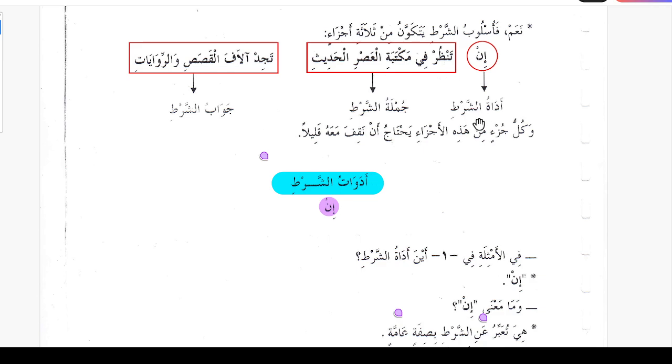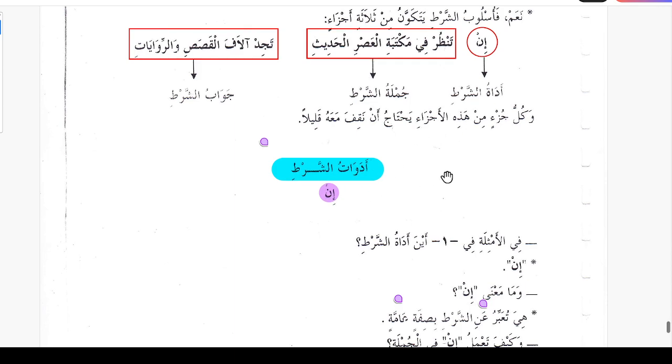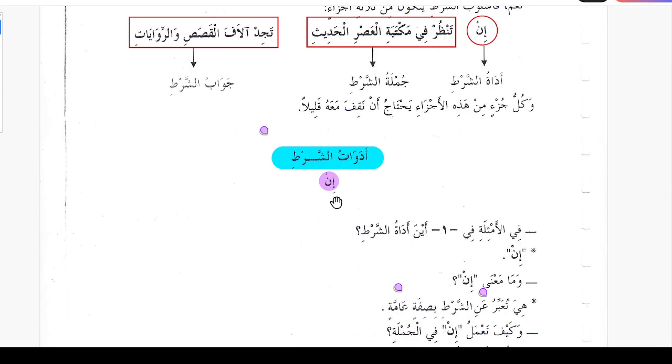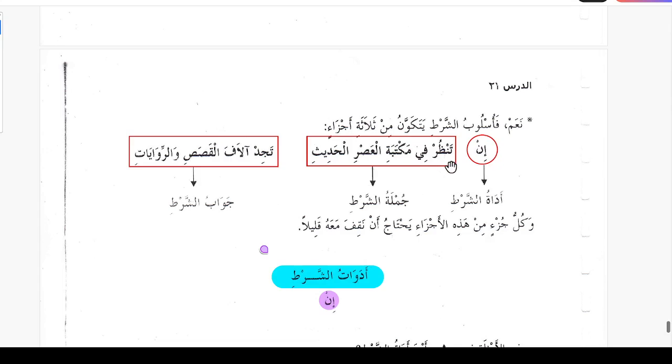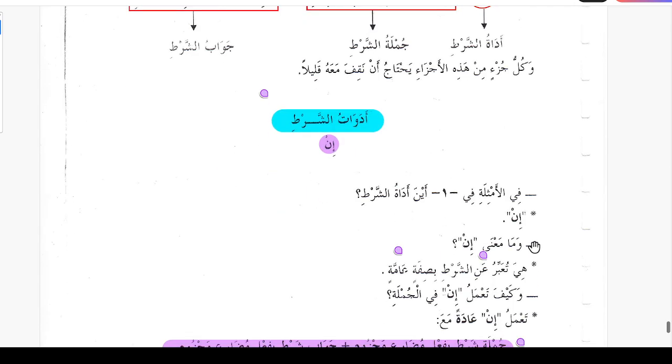Adatu shart is the singular; the plural is adwatu shart, the tools of the condition. The first tool is in, which has come in the first example. Let's study this tool. What does in mean here?